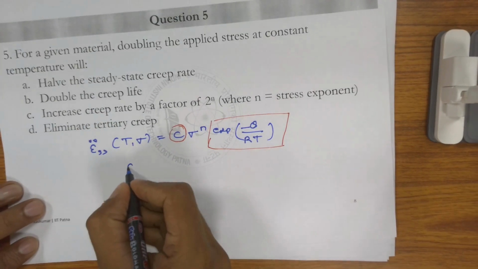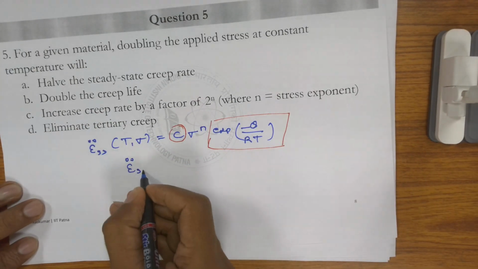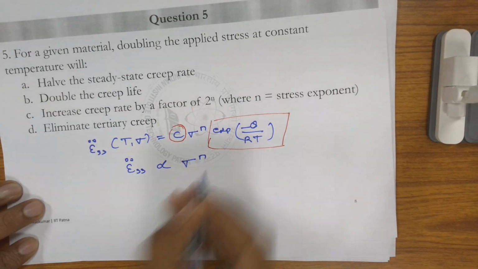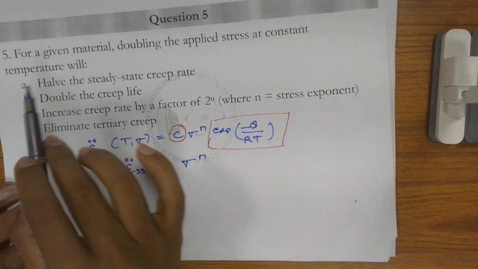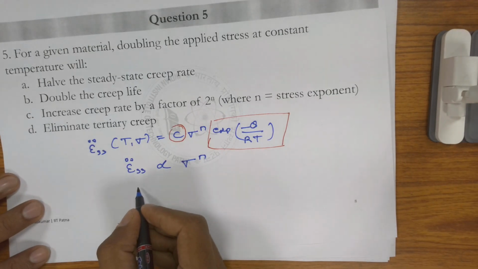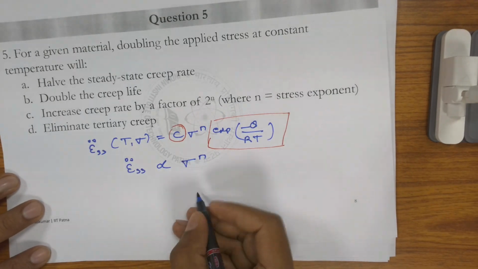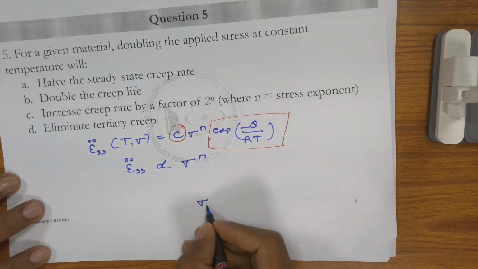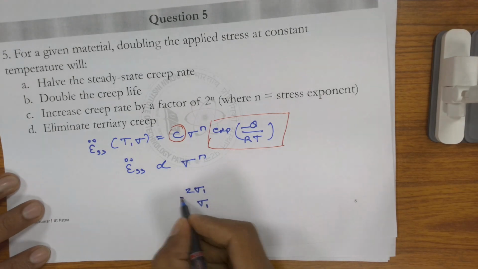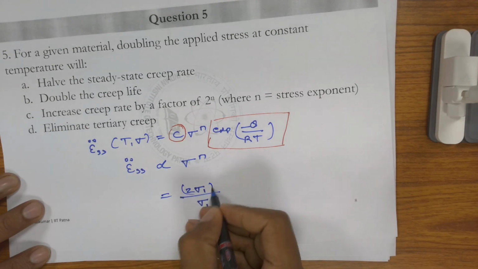What we are concerned about is only the stress. So for a given material, double the applied stress. Let us say that initially sigma 1 was there. Right now it's sigma 2, which is 2 times sigma 1. So in that case, what we will get?